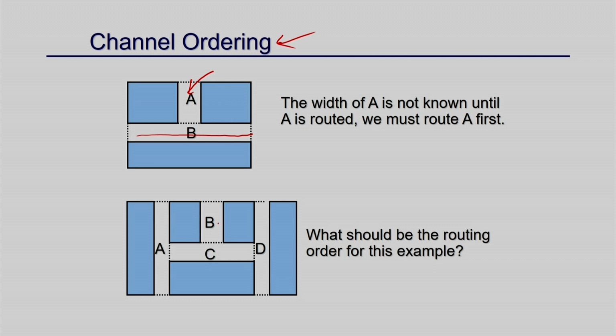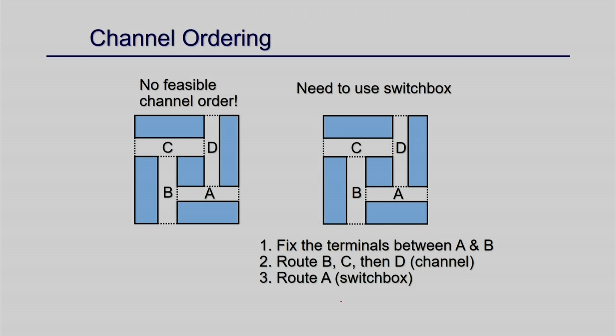If you try to do B, then you have to do C. If you have to do C, then A, and something like this. Then it will actually be a circular dependency, and you cannot have a specific order, right. Then sometimes you need a switch box. Why do you need a switch box? You can define some portion of the circuit as a switch box, so that you can reduce the dependency, and you can make a channel order.